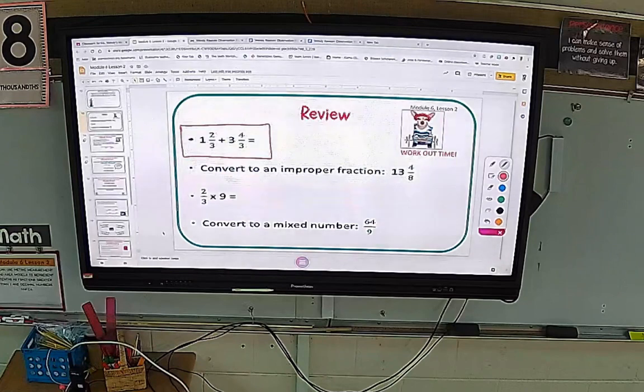And you basically have 2 different parts to add. You've got whole numbers and you've got fractions.